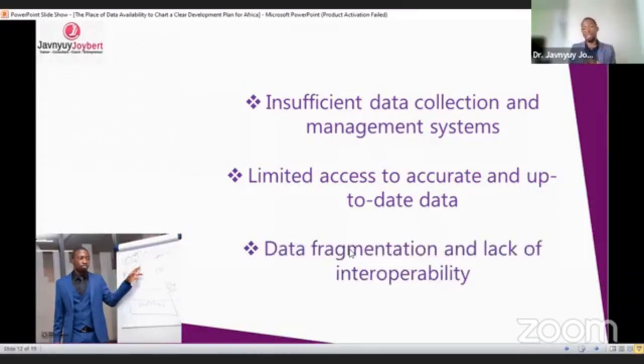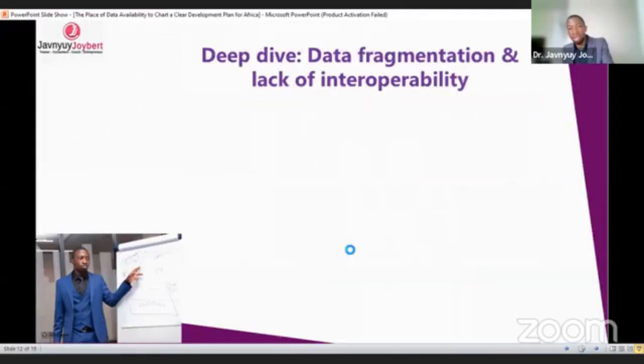Data fragmentation and lack of interoperability. Now, I'm going to talk about this deeply because this is a big problem for Africa. What does this mean in terms of what we are talking about? Why is this critical?